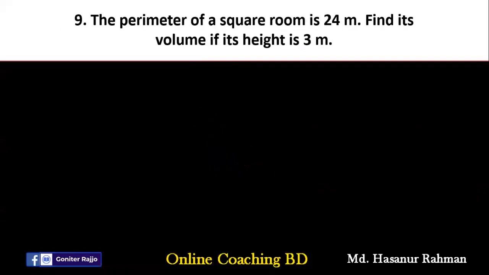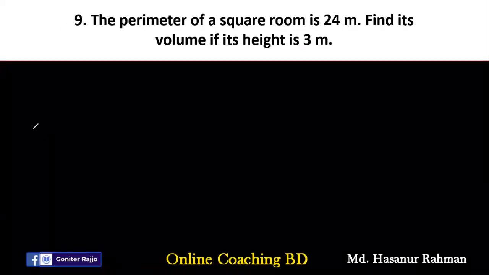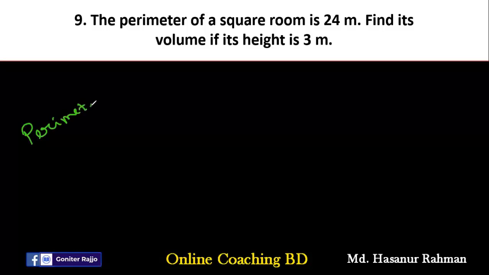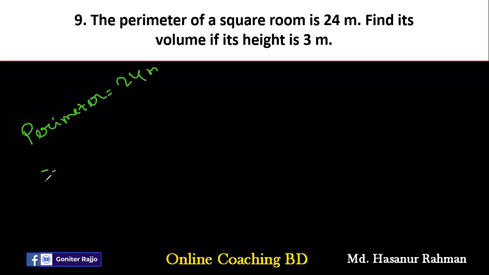Now, number 9. Number 9 says, the perimeter of a square room is 24 meter. Find its volume if its height is 3 meter. So here, the perimeter is given, equal to 24 meter. Then what will be the length of each side?